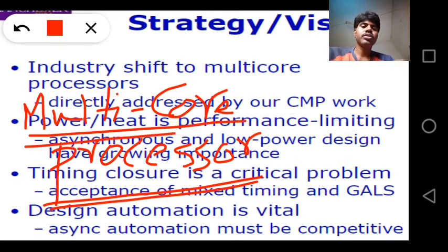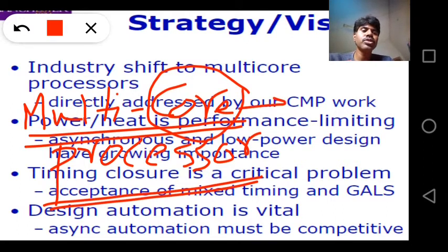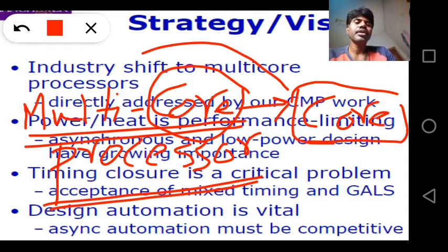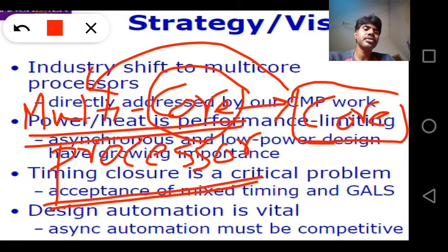What does this multi-core processor do? What is meant by core? You should understand the word core, then you will better understand the meaning of multi-core processor.